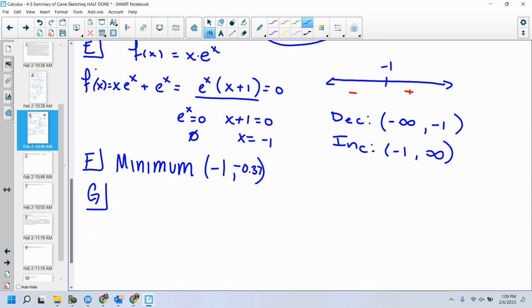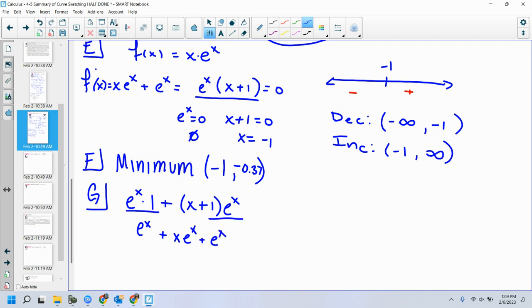Because again, that's a product rule. F g prime, derivative of x plus 1 is just 1. Plus f, plus g f prime. So we have e to the x plus x e to the x plus e to the x. And you know what?